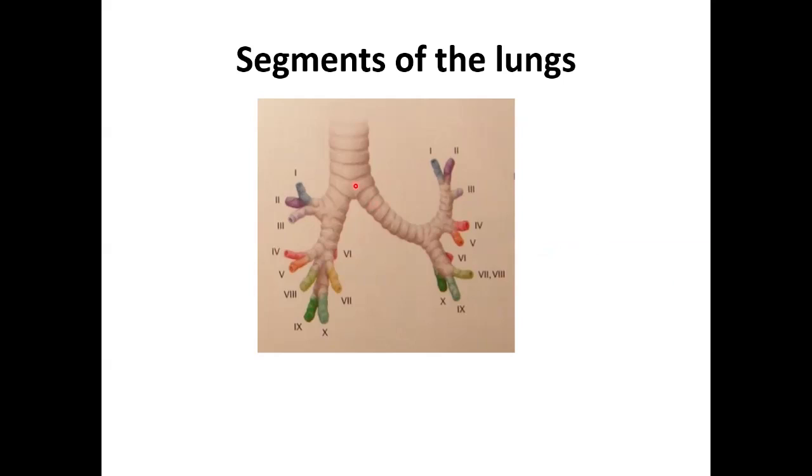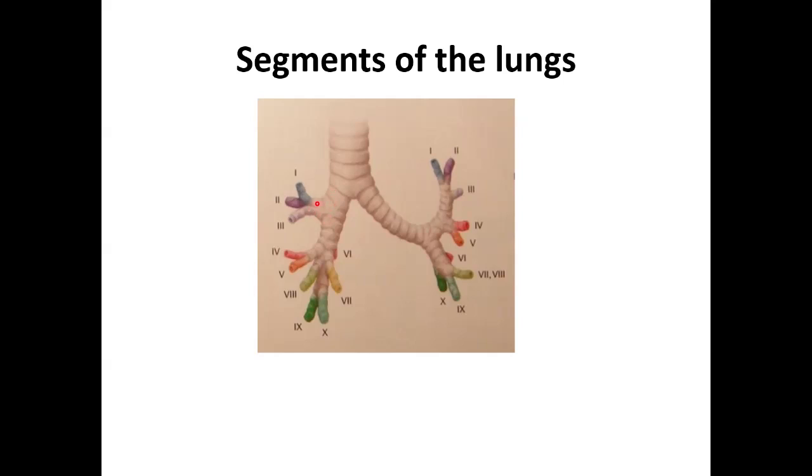So now each principal bronchus divides then into bronchus of second order. This is bronchus lobaris, to enter the lobe. So this person is oriented to us by his face.